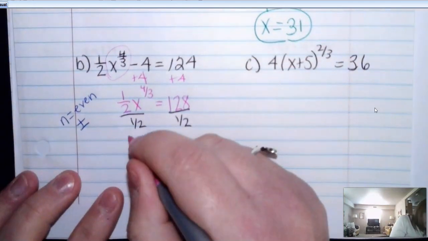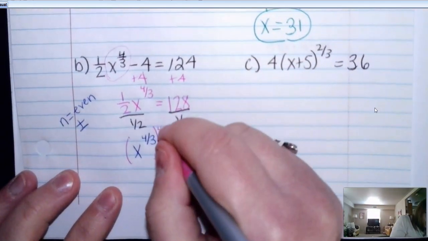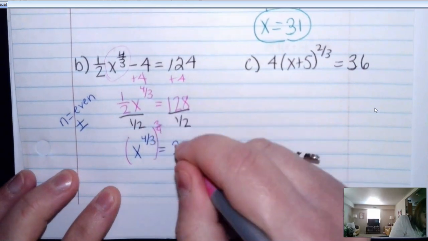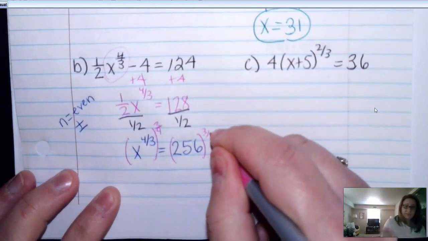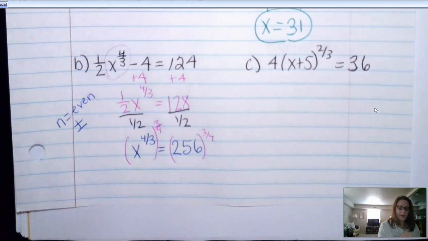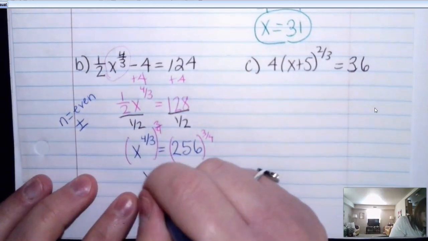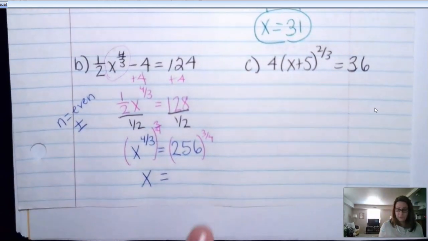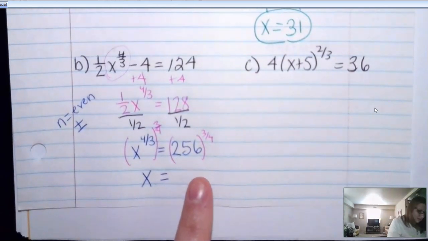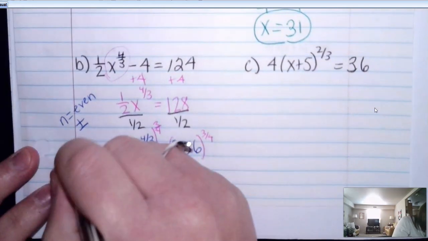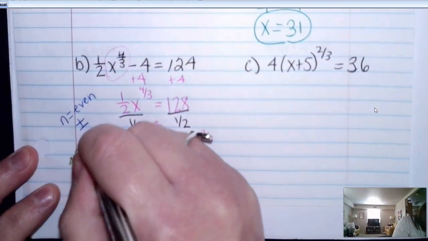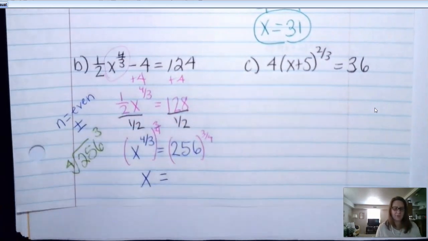All right, so both sides, to the 3/4 power. 4/3 times 3/4, power to a power, multiply the exponents, those cancel out. So I'm just going to get an x here. Okay, now, if you want to do a little aside for this, I'm going to work this out. This is the 4th root of 256 to the 3rd power.